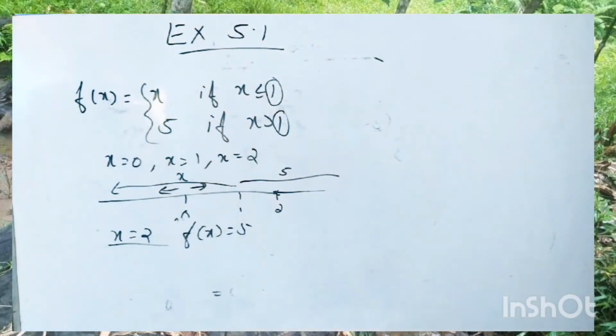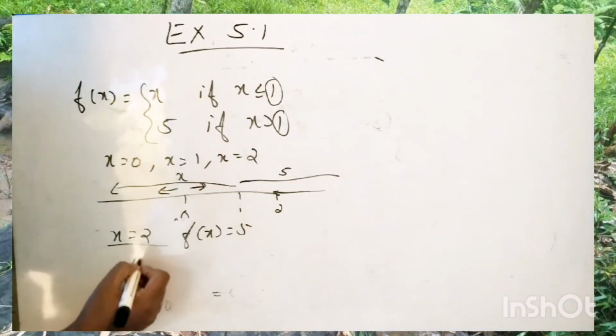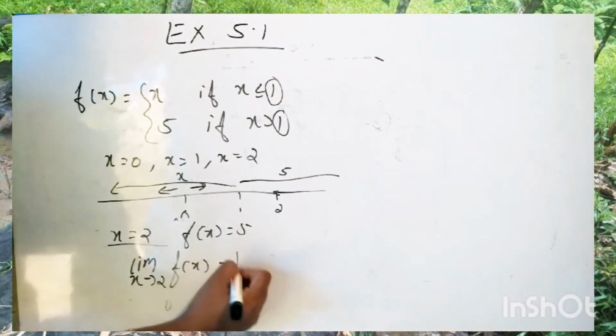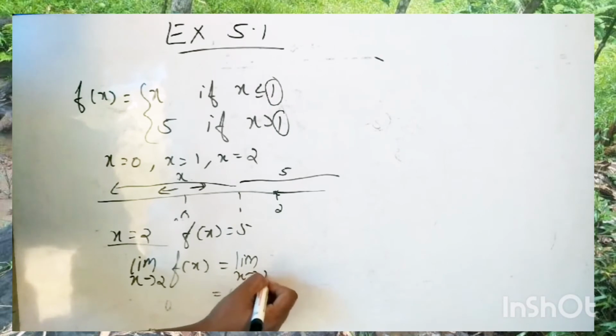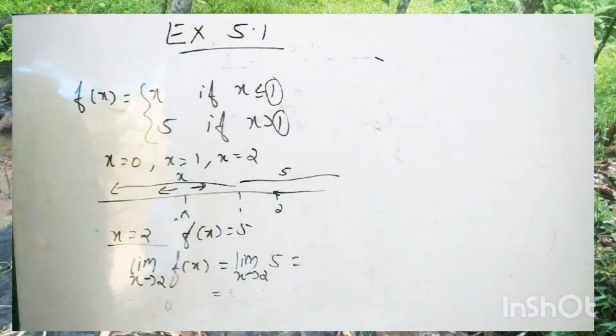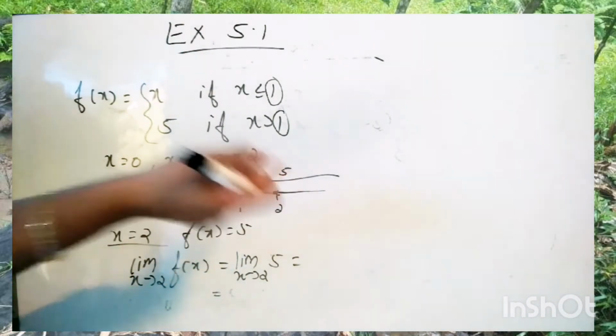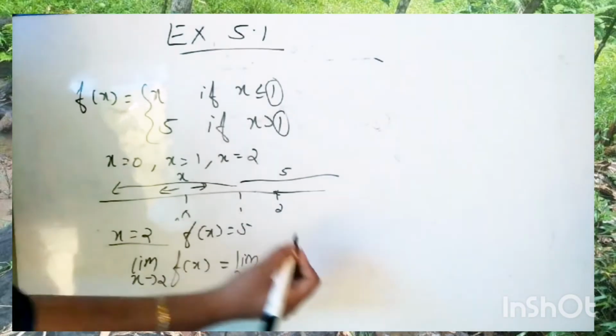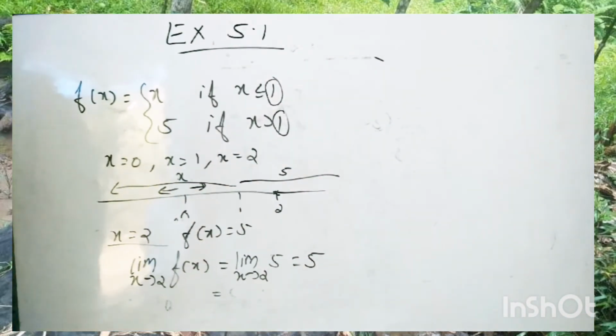A constant function we have. Then limit x tends to 2, f of x is equal to limit x tends to 2, 5. There is no term which contains x, so we can't put x is equal to 2. The constant function's limiting value is that function itself, so this is equal to 5.